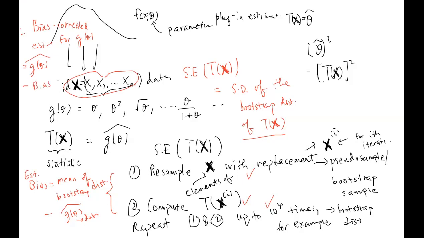So this becomes 2 times G of theta hat, the estimate, minus the mean of the bootstrap distribution. That will allow you to correct for the bias.